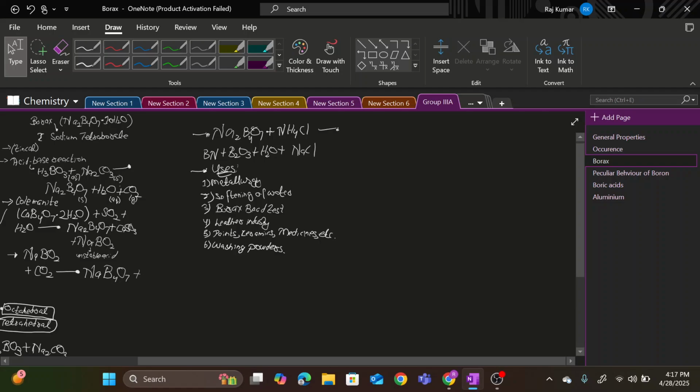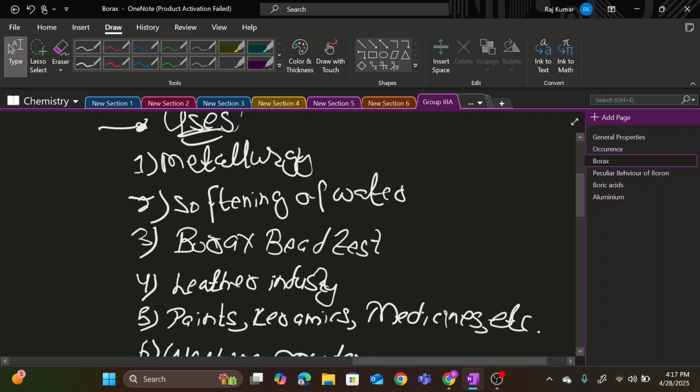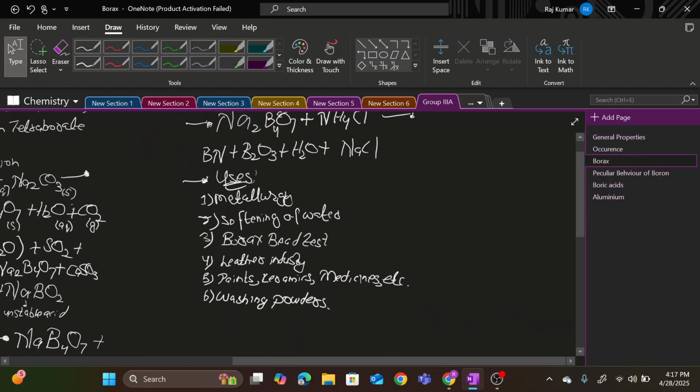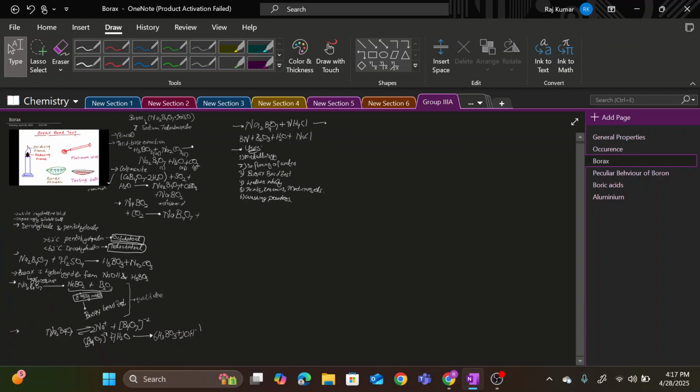These are certain uses: metallurgy, softening of water, borax bead test, leather industry, paint, ceramics, medicines, and washing powders. So that's all about borax.